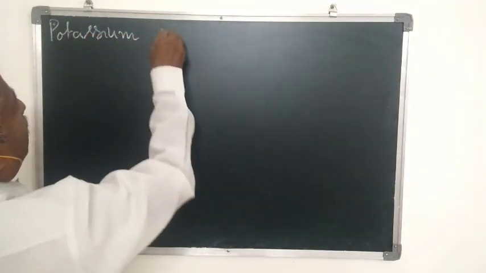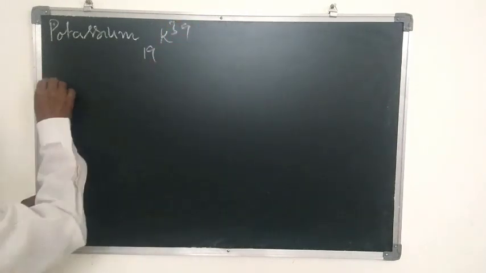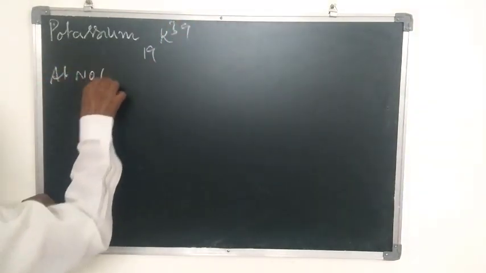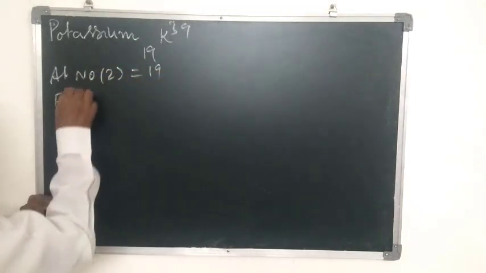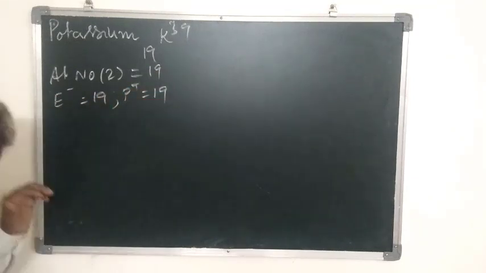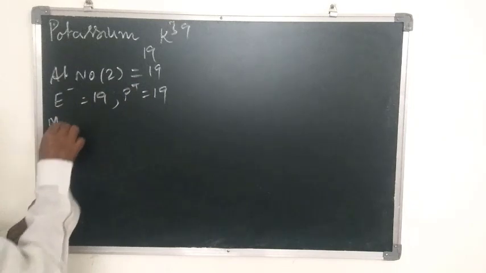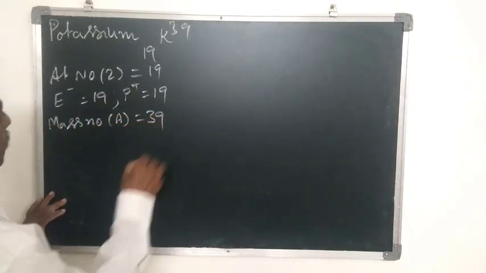Now let us see one more example. Potassium. Potassium K. Atomic number Z is 19, which indicates number of electrons is 19, number of protons is 19. Right. Now, mass number A equal to 39.